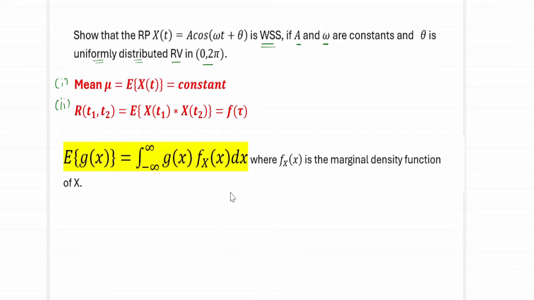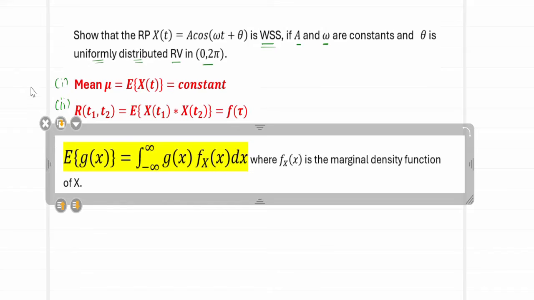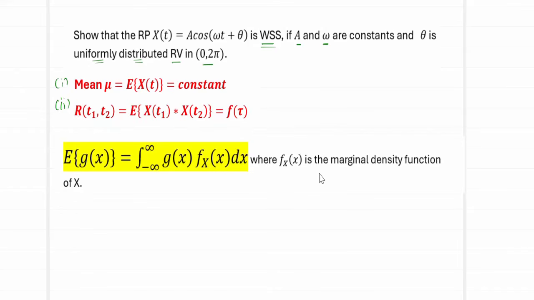And what about this f_X(x)? It is nothing but the marginal density function of the random variable X. So whenever we give the input, the corresponding marginal density function has to be multiplied to get the value for the expectation.